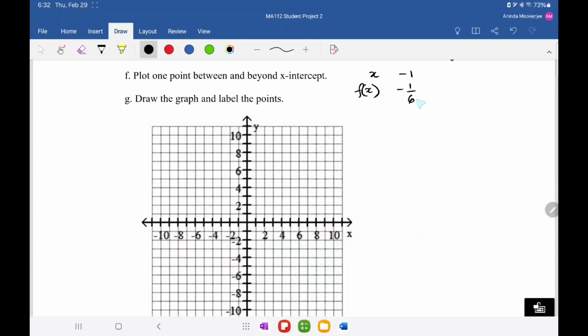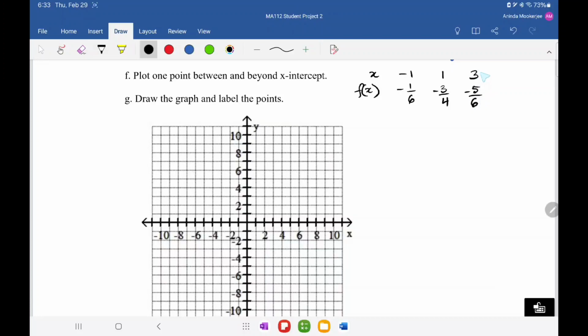Now I've done these calculations before and I will leave it to you to perform these calculations. I pick another value, 1. When I plug in 1 for x, I get -3/4 for f of x, and then we can pick another one, 3, and f of x will be -5/6 when x equals 3.